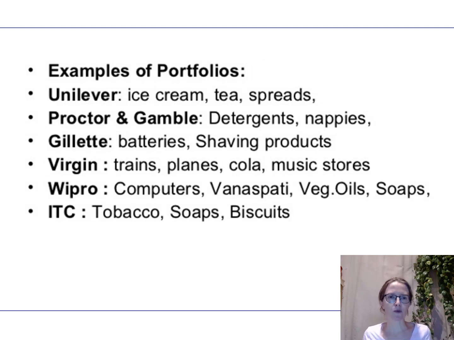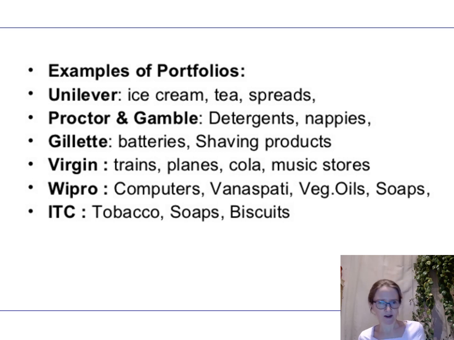Examples of portfolios that we may have come across: a company such as Unilever has a whole broad spectrum of goods and services in its range, things such as ice cream, tea and spreads. Procter & Gamble offers detergents and nappies. Gillette, batteries and shaving products.